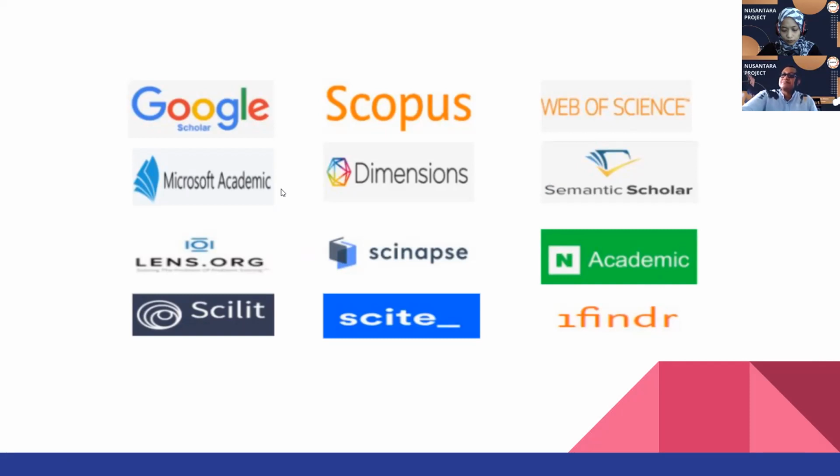After that I will show you how to use all these databases to generate your research idea. Not just Google Scholar, but you can try Dimensions, Lens, the Scopus database, or maybe ProQuest, EBSCO.